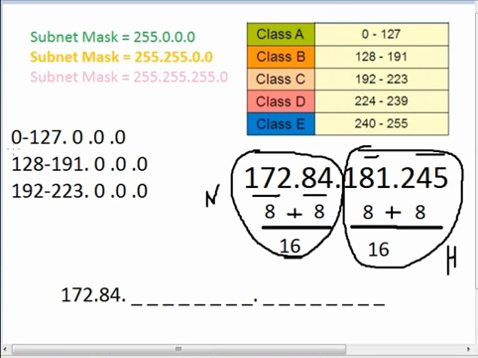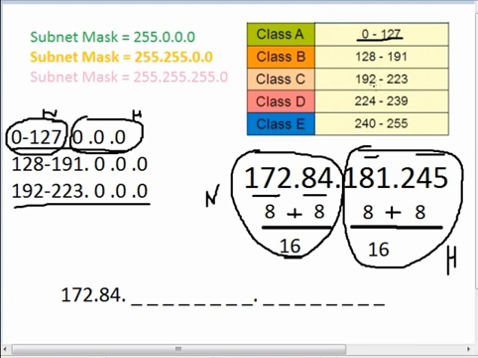This is a class A example, 0 to 127. For class A, the first octet is the network address and the last 3 octets are the host address. This is a class C example, 192 to 223. For class C, the first 3 octets are the network address and the last one is the host address.